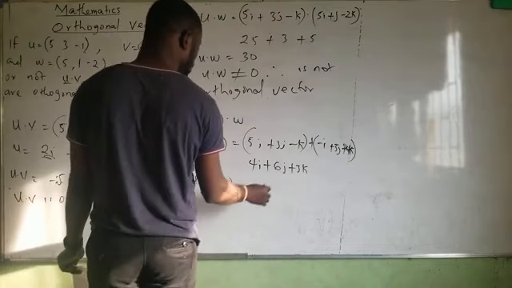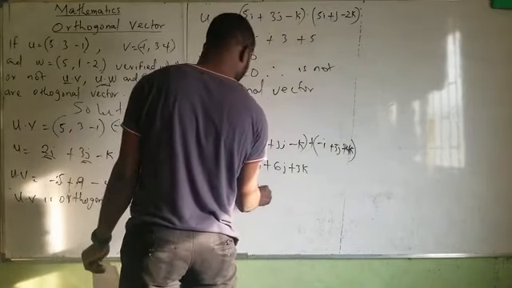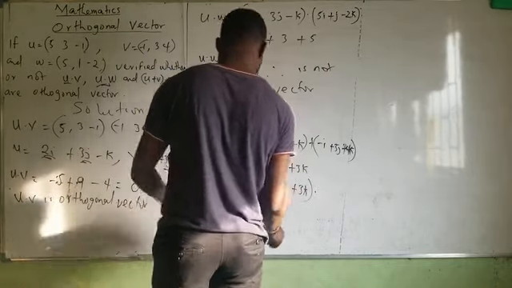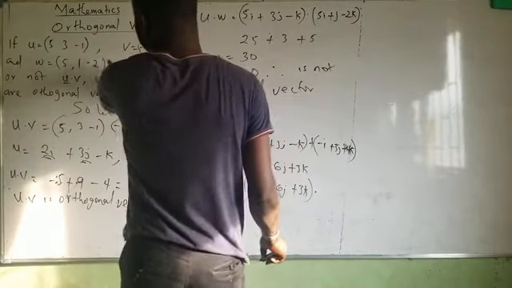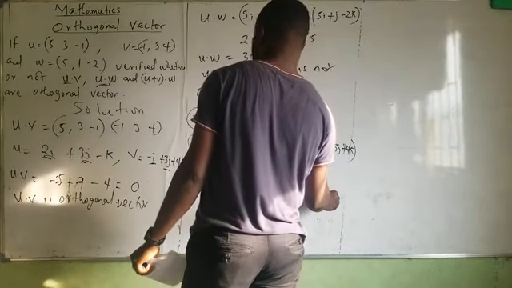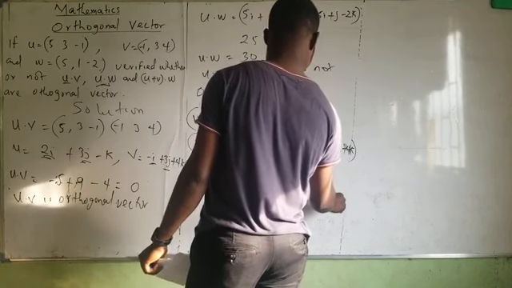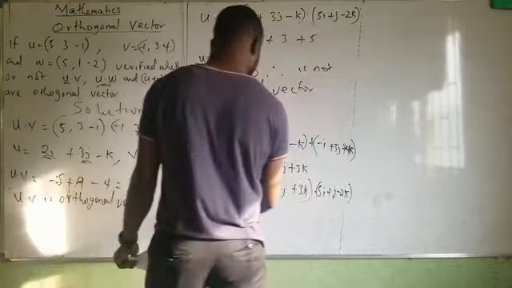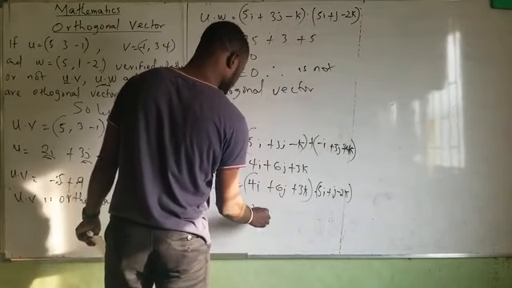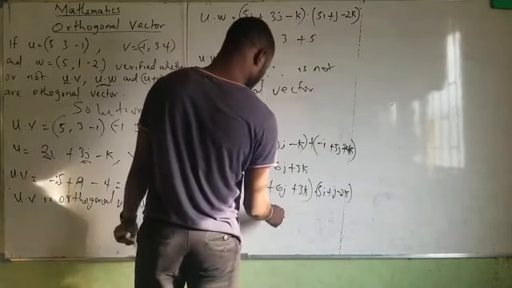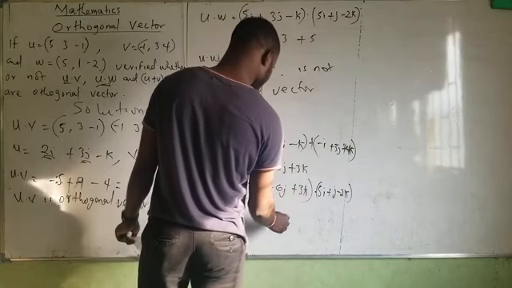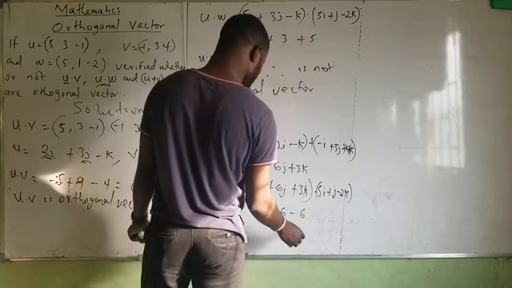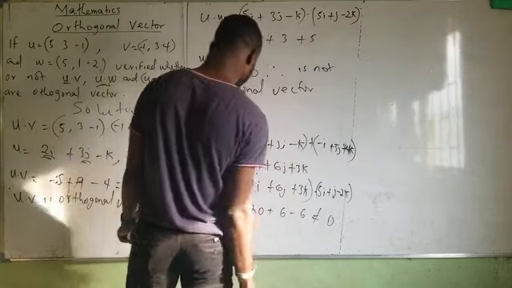Now, can I have U plus V dot W? It means I'll be having 4I plus 6J plus 3K, and dot of my W, which is 5I, J, and K. Now, this and this will be 20, plus 6, and this will be minus 6, which is not equal to 0.